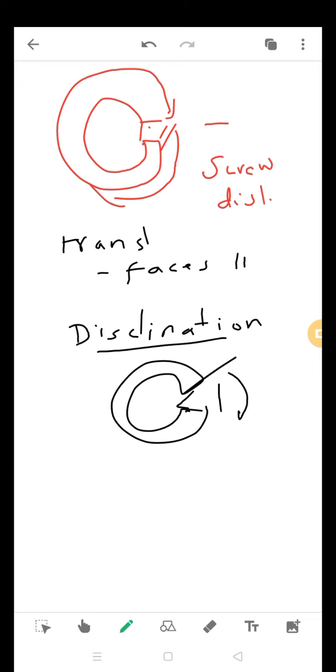So there's an angle. And the faces are also not parallel to each other. Apart from that, you can have a rotation. So there is a rotation that has taken place here.